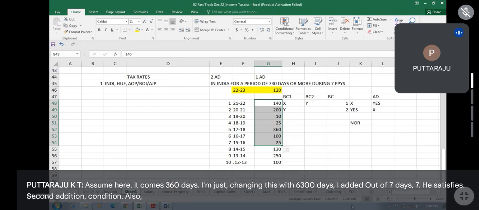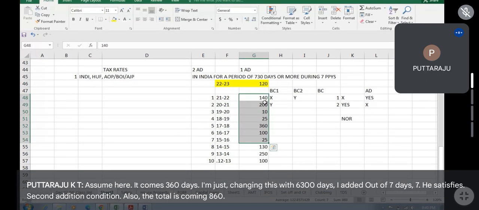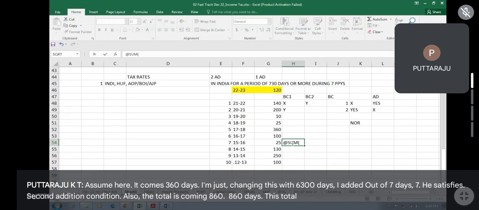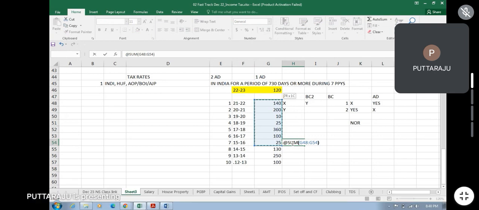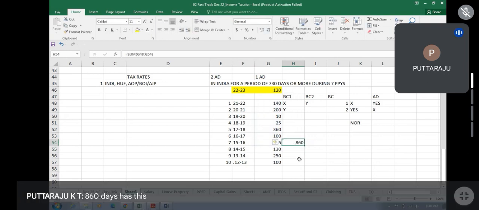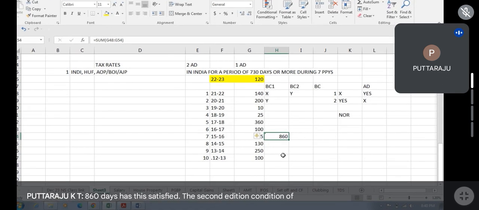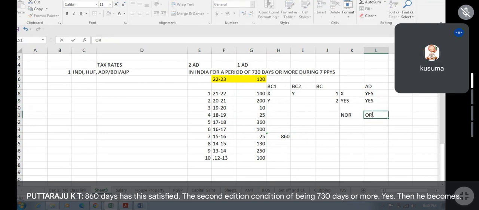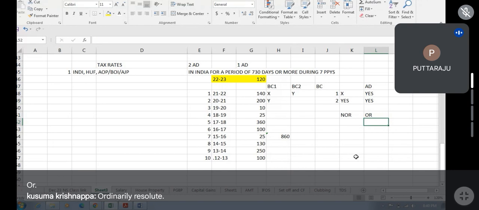The total is coming 860 days. Has he satisfied the second additional condition of being 730 days or more? Yes, sir. Then he becomes Ordinary Resident, OR.